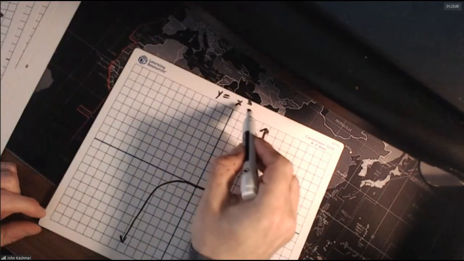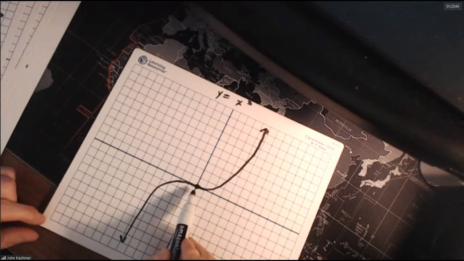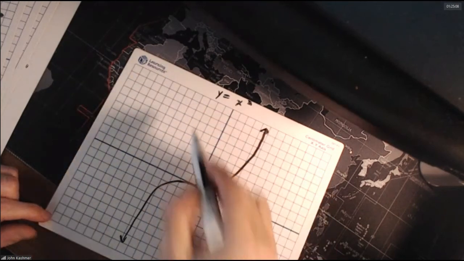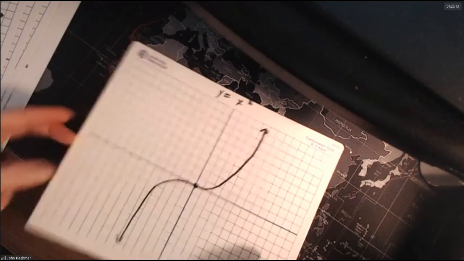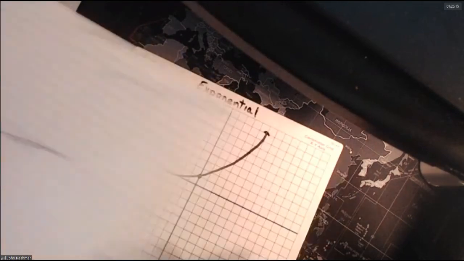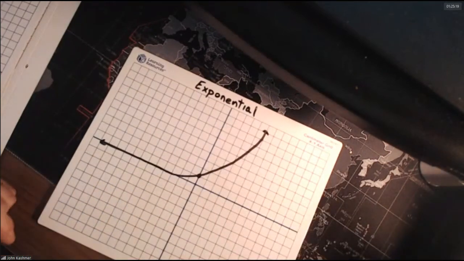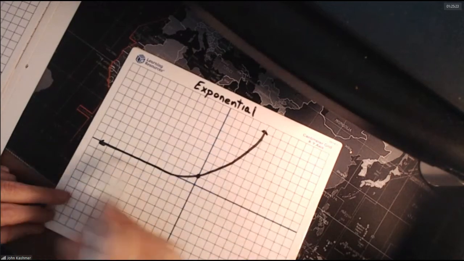Y equals x cubed. Now, again, (0, 0) is your anchor point. This is kind of like a regular parabola, except the left side is flipped down. And you're going to want to memorize these. For an exponential function, which you may or may not see in algebra, it's sort of like a parabola, but a little different.